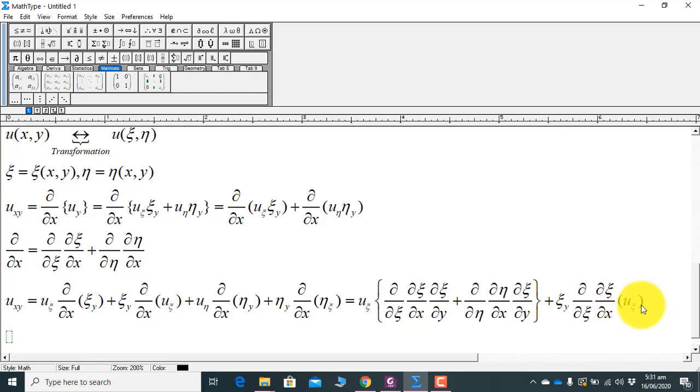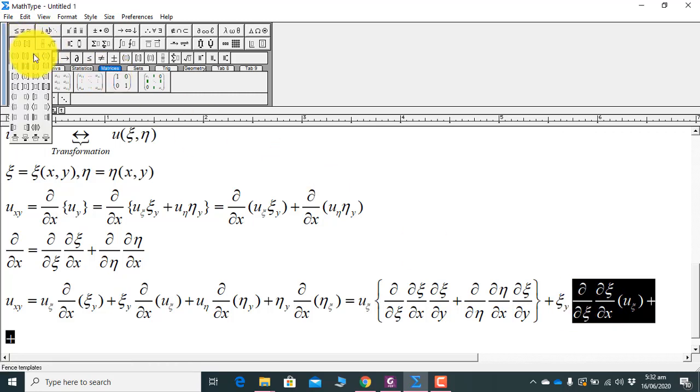The second term will be, I am writing now here, the same thing but with respect to eta. But since xi y is again common, we shall use the bracket.